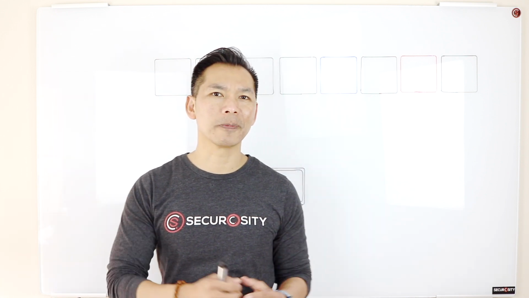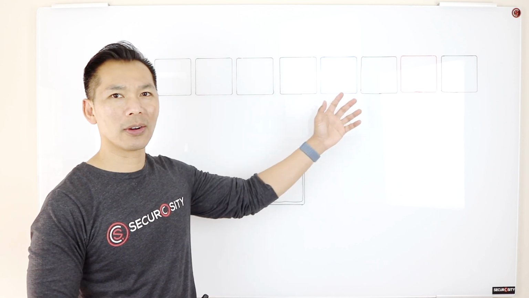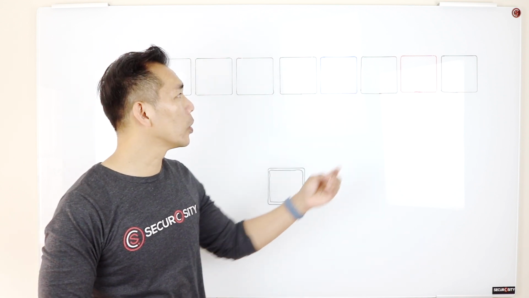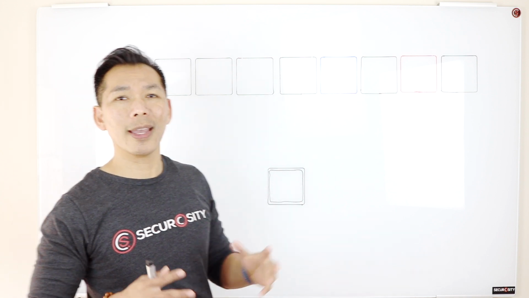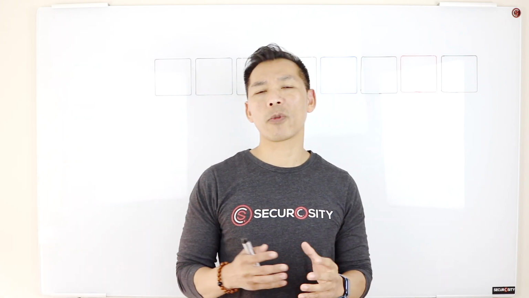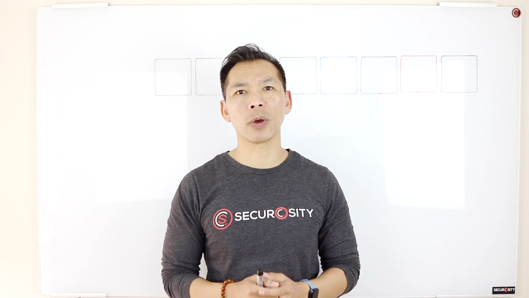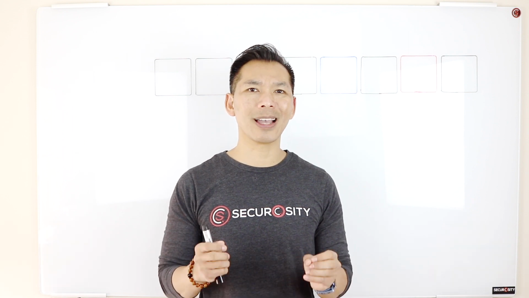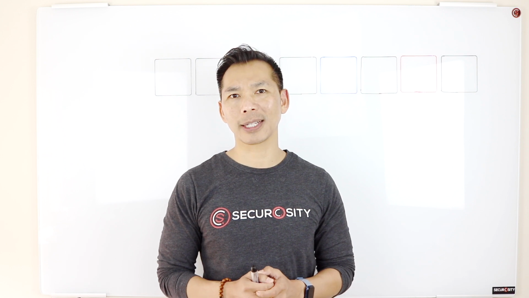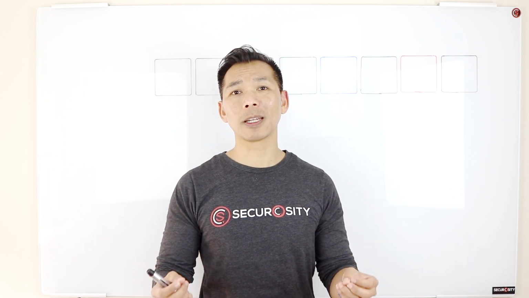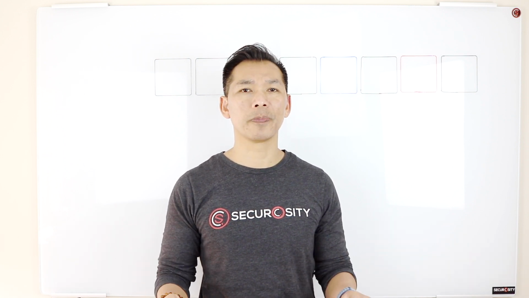So let's get started. There are 9 boxes here. I'm going to explain to you what they are, starting with this first box, and then we're going to end up with this one. With any cybersecurity framework or risk management framework that we're using, the first thing first is that we need to identify the asset that we want to protect, because we can't protect what we don't know.